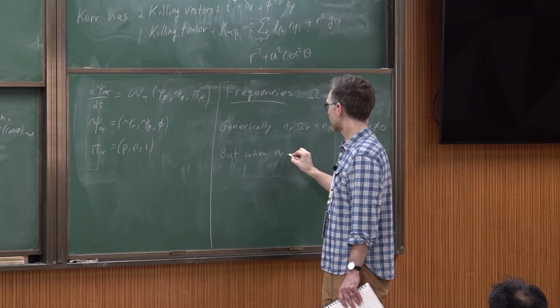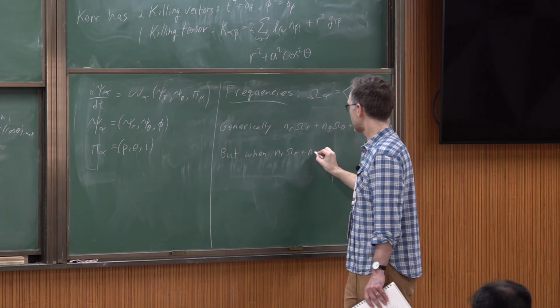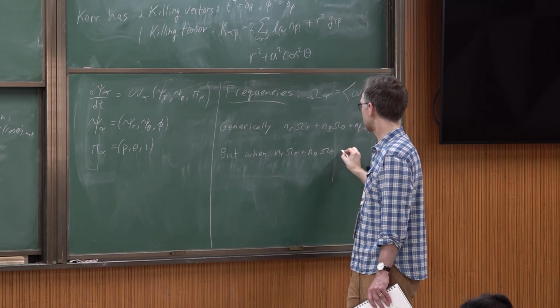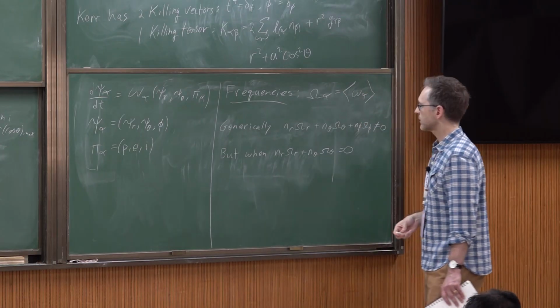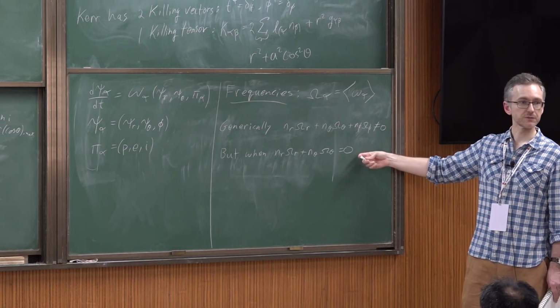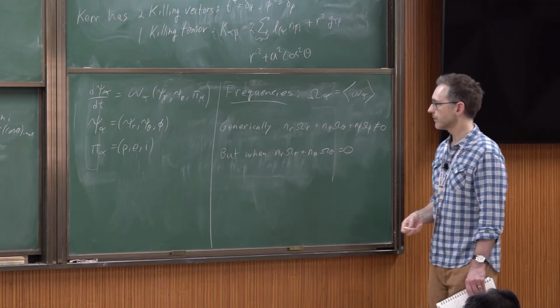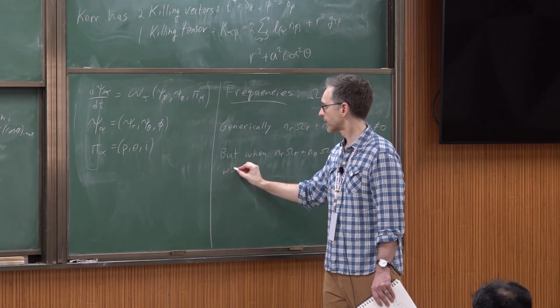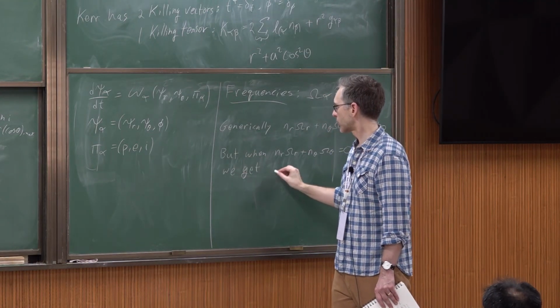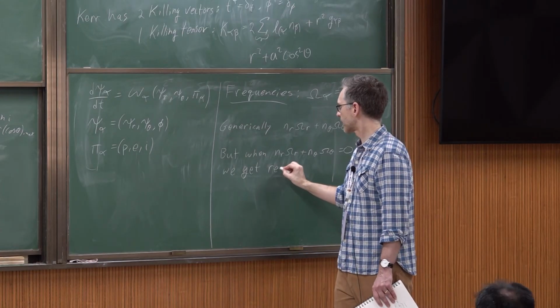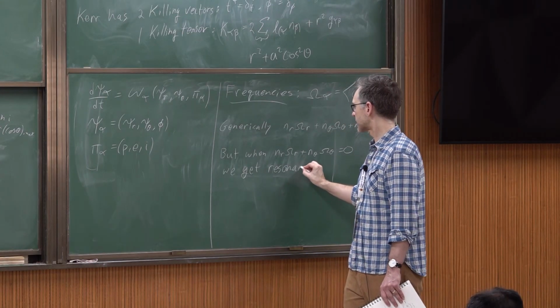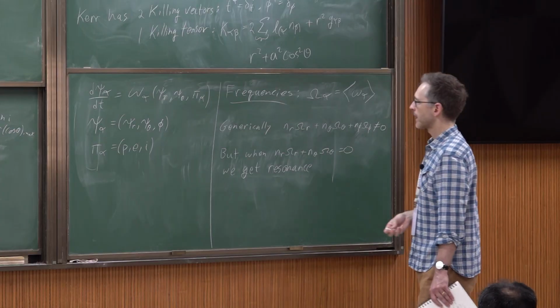So when n_r ω_r + n_θ ω_θ equals 0, this is a resonance. So we get an orbital resonance. So these are very special orbits.